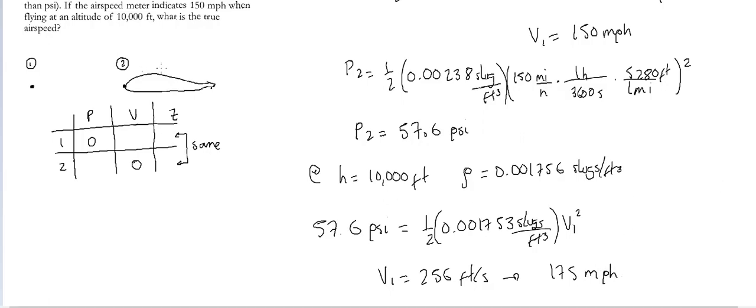So even though the meter indicates 150, because it's calibrated for sea level density, in reality, because the density is significantly lower at altitude, the velocity is actually higher than what the meter reads.